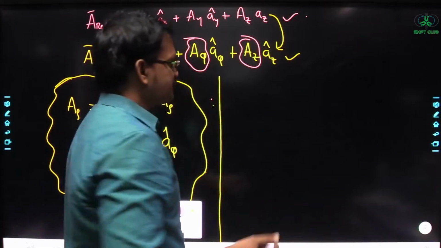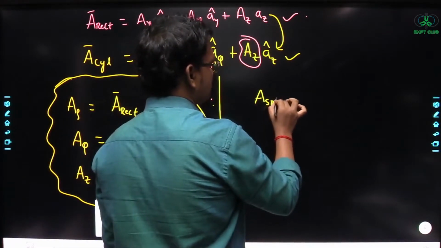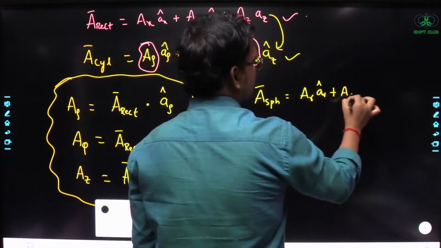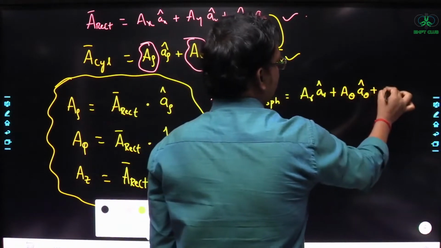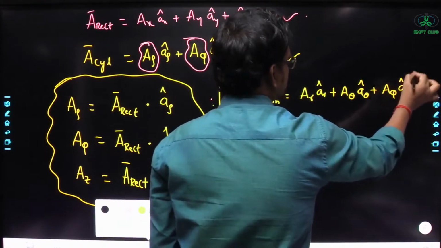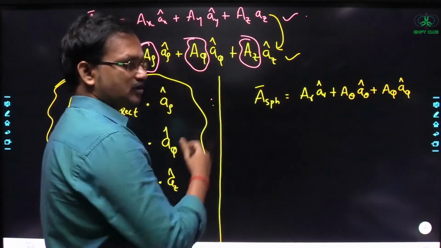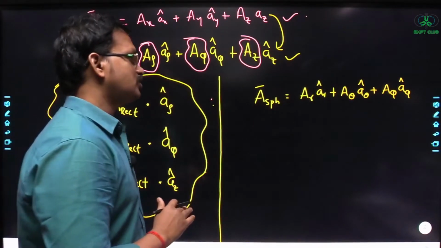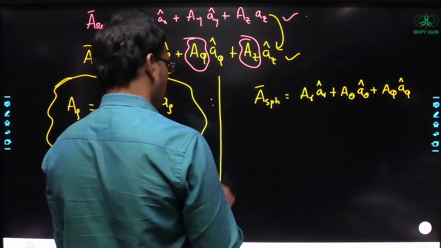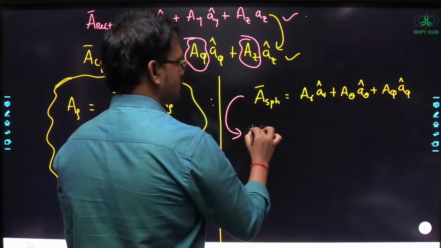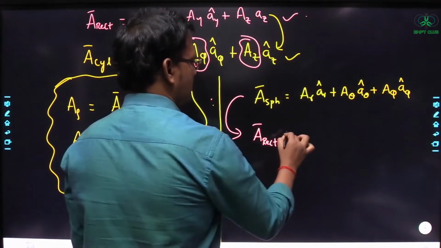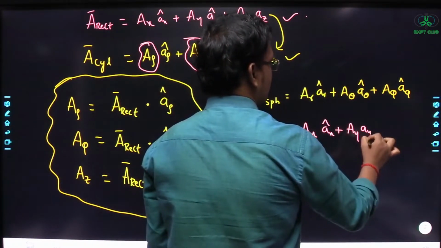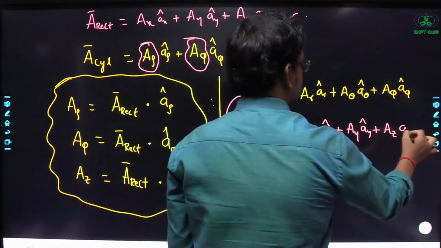The same procedure we can follow for the spherical coordinate system also. If they have given A in terms of spherical, that is ar cap plus a theta cap plus a phi cap, and you want to convert this into rectangular, how can you convert? Tell me. A rectangular is equal to ax cap plus ay cap plus az cap, right?